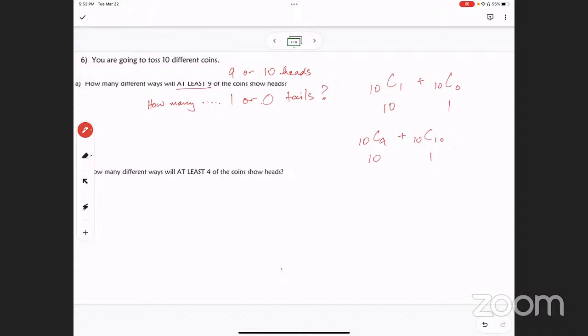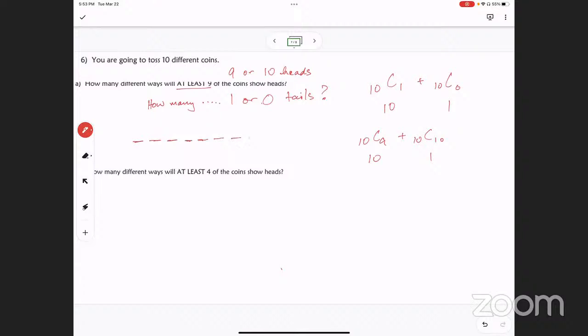So now let's talk about this. How many different ways can you get, flipping a coin, you're flipping all 10 coins, right? How many ways can you get only 1 head showing? Well, you're tossing 10 different coins.